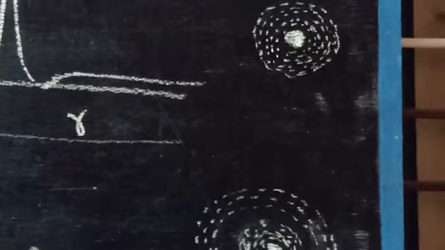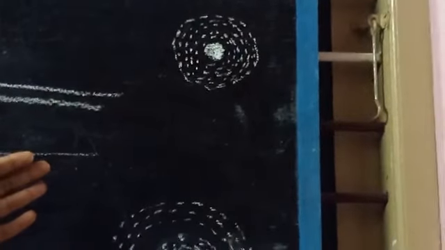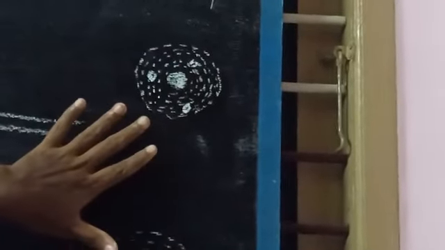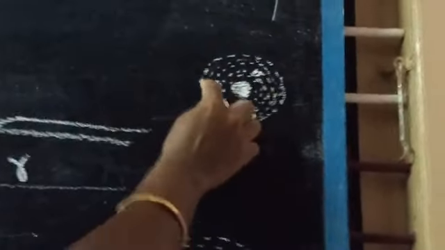Each dot does not represent an electron; it represents probability. So the electron is present here, or here, or here. That is where the maximum electron is present around this nucleus, but it is not a fixed place, because that is the way it is in nature. Can you understand, children?